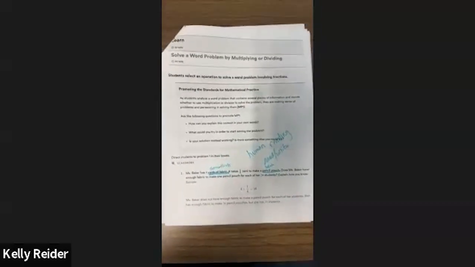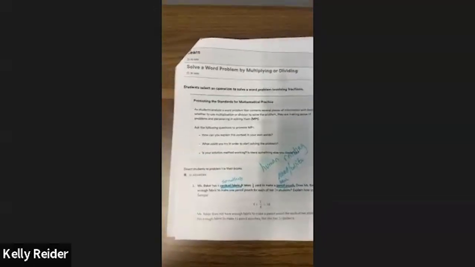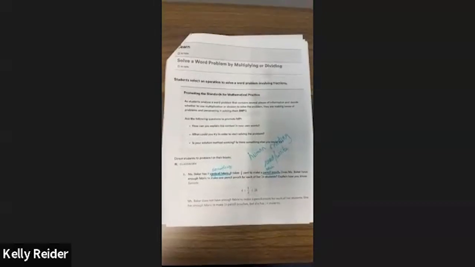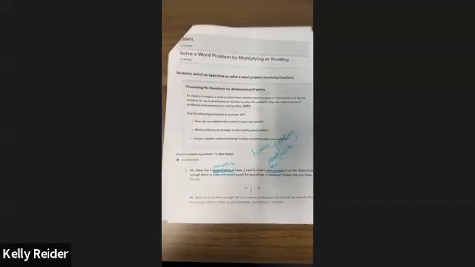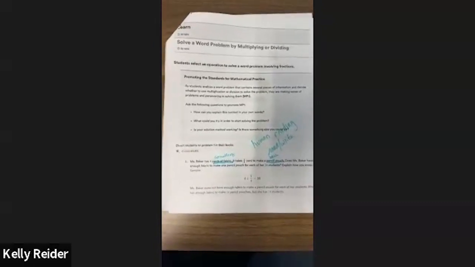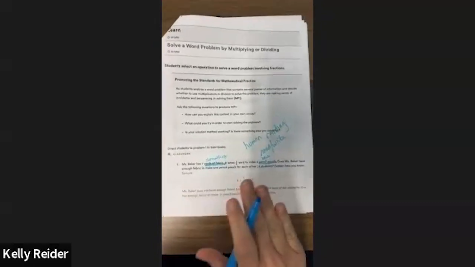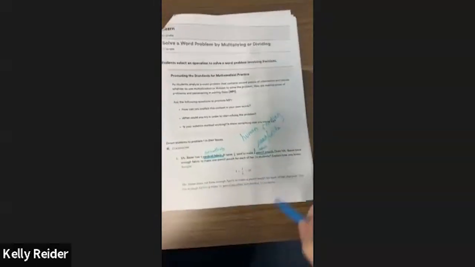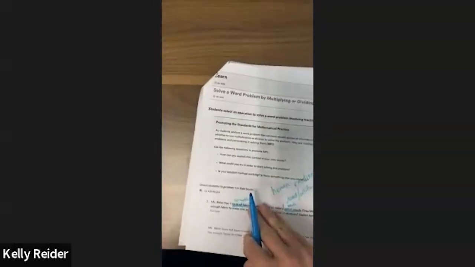You might want to model what you would do if you're like, oh, I don't know what that is. All right, well, Miss Baker has 4 of something, and it takes 1/4 of that to make a pencil pouch. I don't know what a pencil pouch is, but it doesn't really matter. All I know is that Miss Baker has 4 yards, and it takes 1/4 to make one of these things, whatever it is. You might want to talk through something like that with them to model.